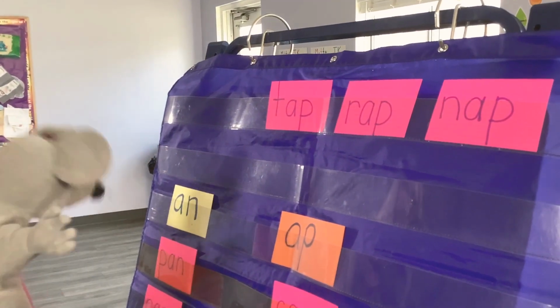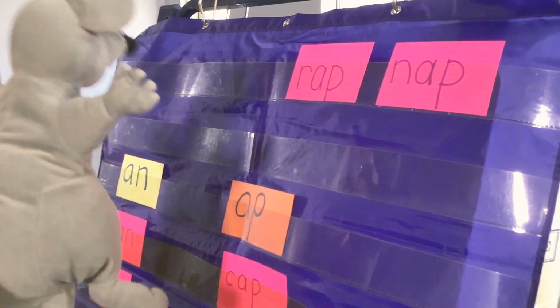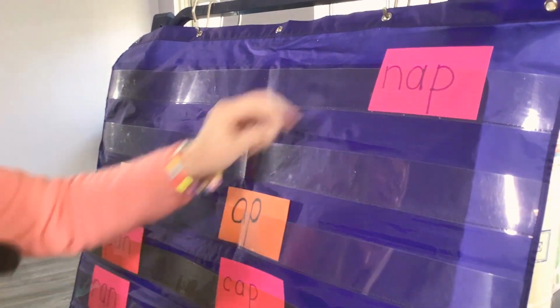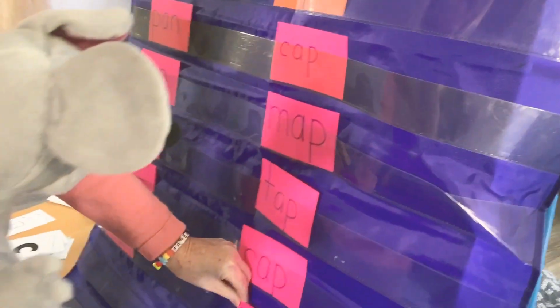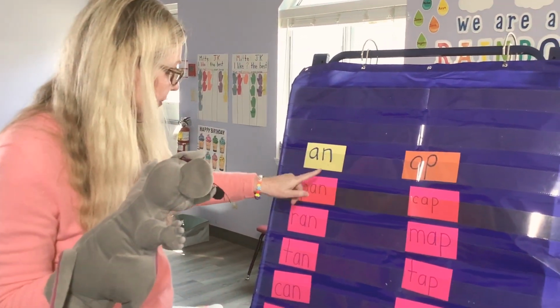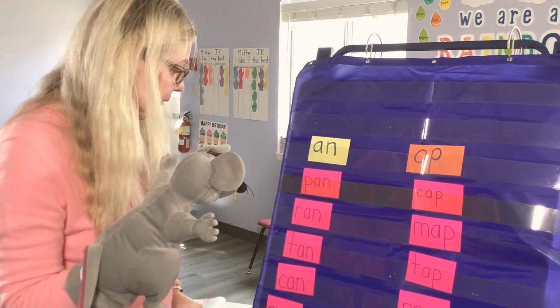Tap. Yes, that's how you do it. You have to think. Map. Yep. Nap. That's correct, nap. Good job. So look, there's no words left. We've got two word families, the an family of words and the ap family of words.